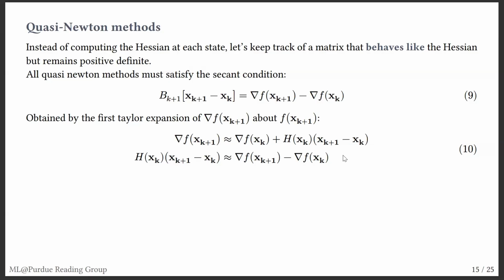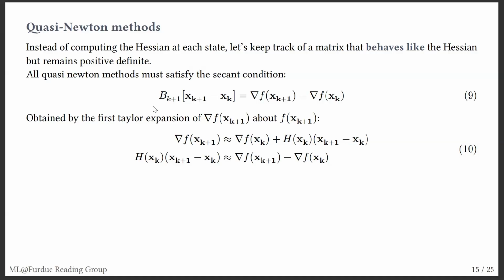Here, I'm not even talking about the actual Hessian. Here we have the Hessian, but we're going to talk about B, which is a new matrix that behaves like the Hessian. So we're going to try to use this new matrix B as if it was the Hessian. It's not the Hessian, but it's still big O of n squared in memory, and still a symmetric matrix, so it's very similar to the Hessian.